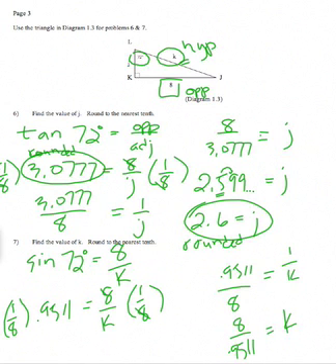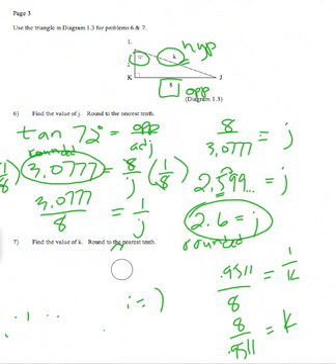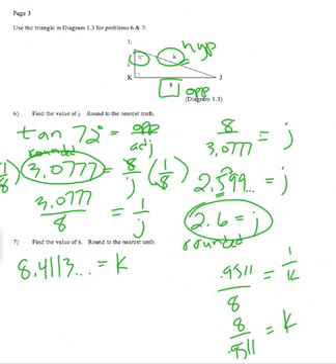If we use our calculator, 8 divided by 0.9511 leaves us with 8.4113 and some numbers equals k. If we round to the nearest tenth, we would be left with 8.4 equals k. Okay?